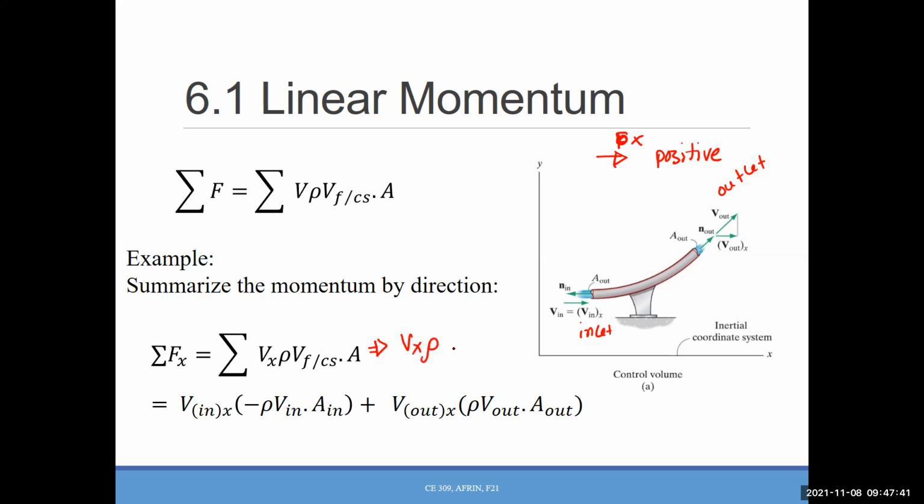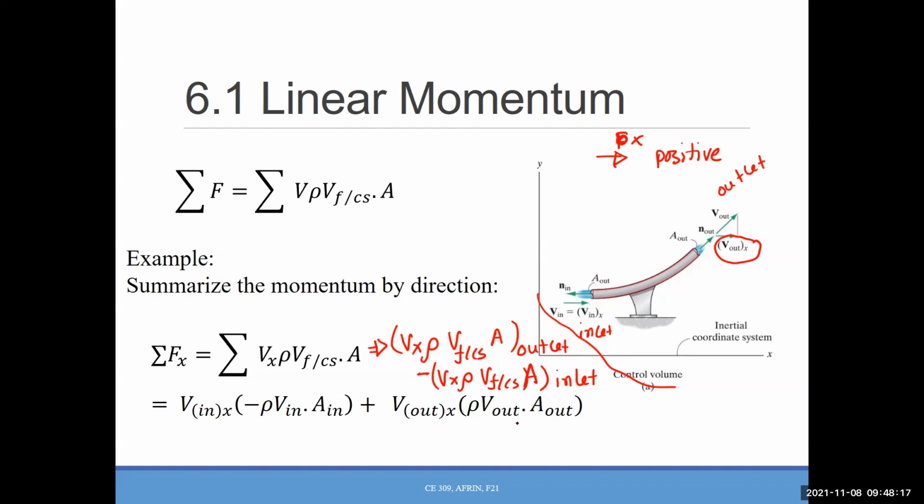Vx rho outlet minus Vx rho inlet. So for inlet or outlet, for outlet, everything is already in positive direction.